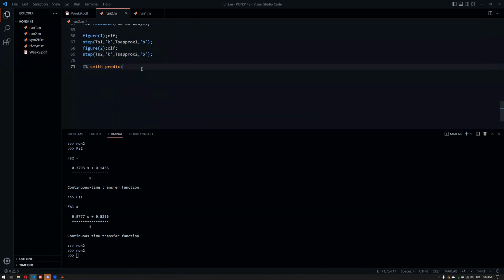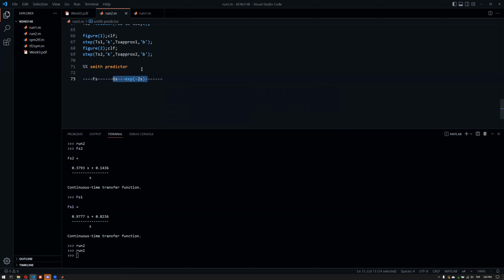Smith predictor. So what we're doing here is basically we're trying to have a model. So we have a controller here, we have the system, and then we have the exponential term, let's call it e to the minus 2s, like this. Now, this part is actually the actual model of the system.